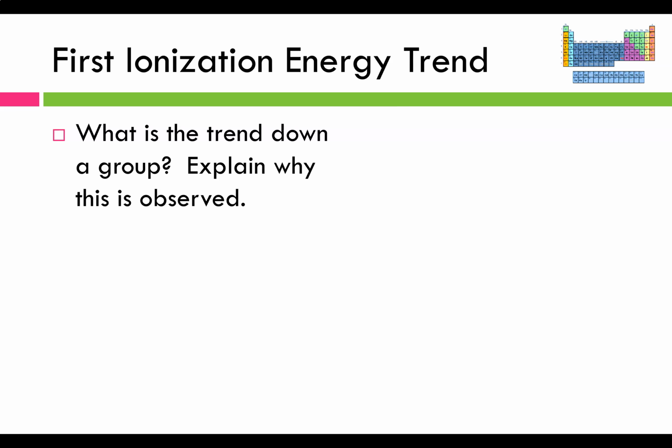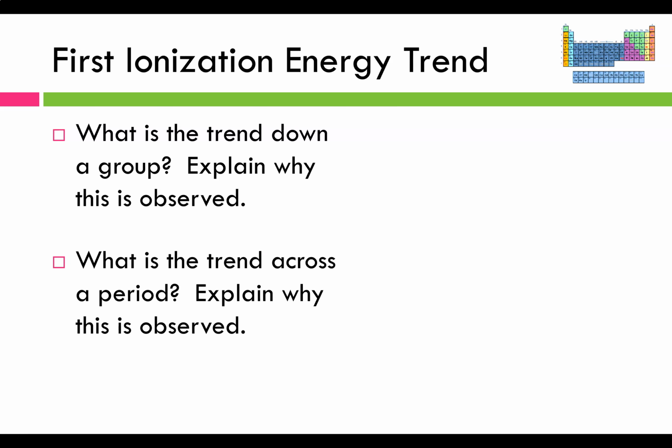What we're going to do is try to observe the trend down a group. Does ionization energy increase or decrease as we start at the top of the group and work our way down? And we're going to answer that same question for across a period. Most importantly, we're going to try to explain why this is observed. So pause the video, start to fill out your periodic table cutaway with some ionization energies.